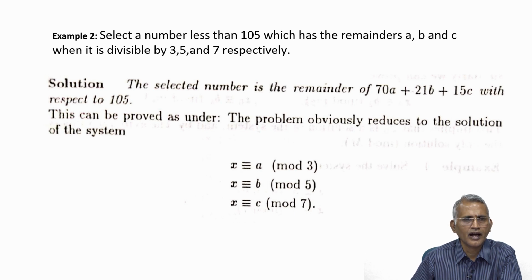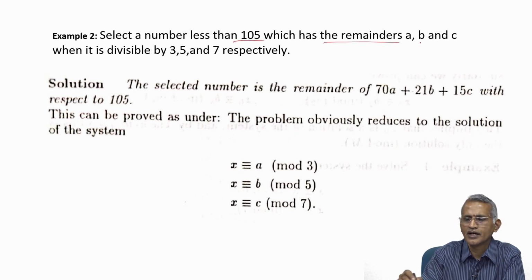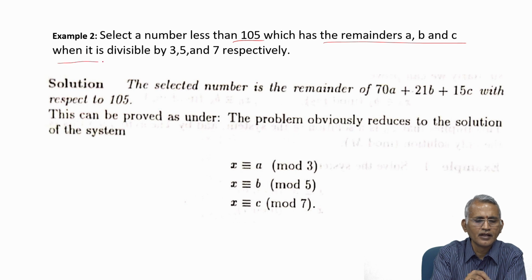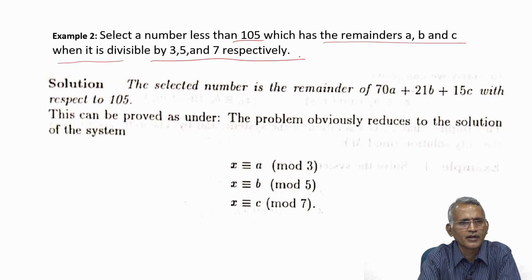Next we have an example: select a number less than 105 which has the remainders a, b, c when it is divided by 3, 5, 7 respectively. The solution is that the selected number is the remainder of 70a plus 21b plus 15c with respect to 105.